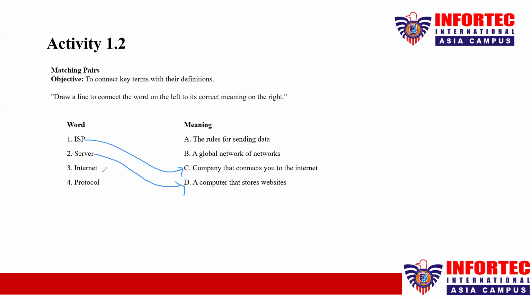Very good. Third one, internet. B, it is B. Good. A global network of networks. Last one, protocol. It is A, the rules for sending data.